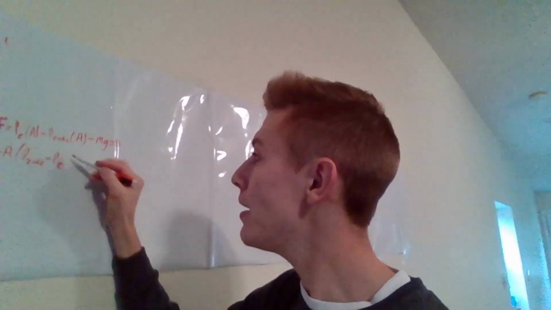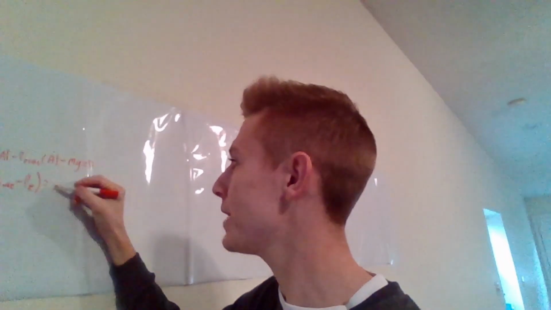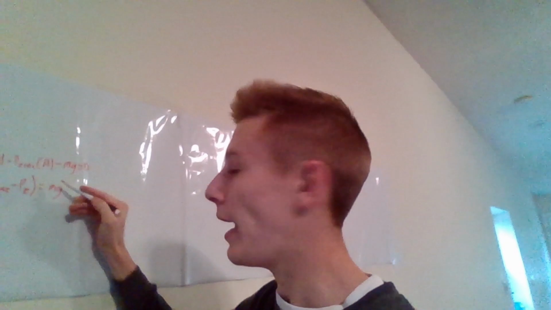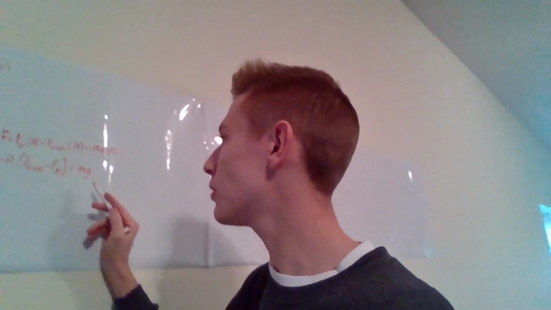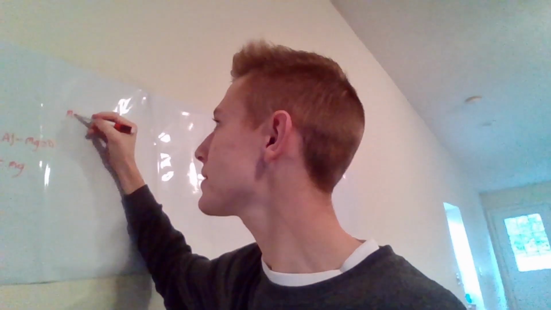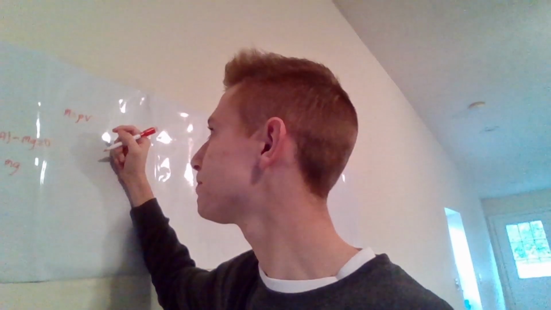let's go ahead and move our mass and gravitation, our weight, to the other side. Okay, and we can actually substitute our mass out for density in this case. We know that mass is equal to density times volume.